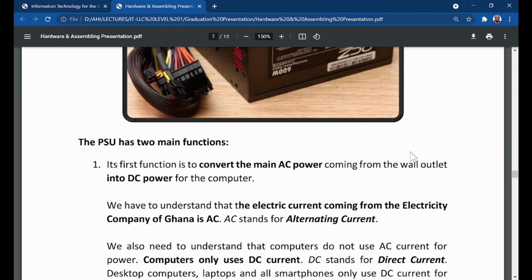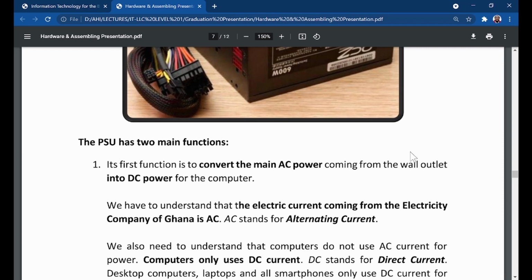Computers have a specific amount of voltage or voltages they need, and that voltage needs to be supplied in DC. Sometimes we have 12 volts, 5 volts, 12.5 volts, 5.5 volts. Those are the direct DC voltages that the computers work with. Your laptop can never use AC.